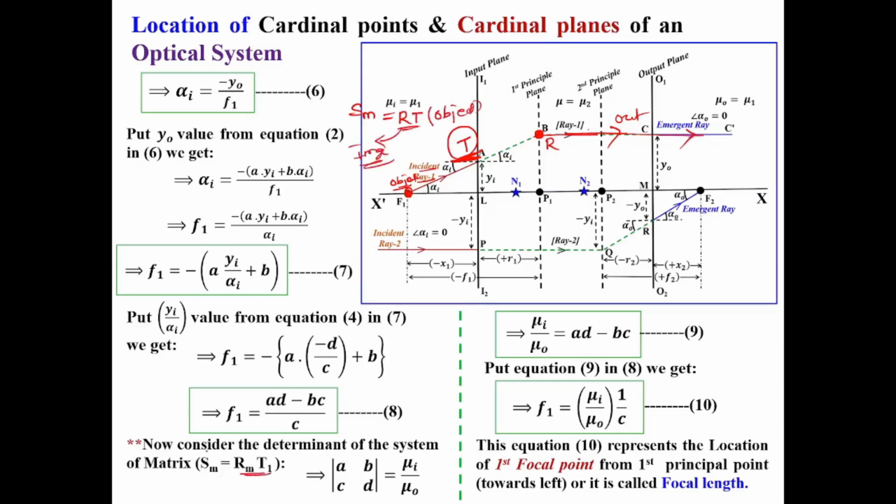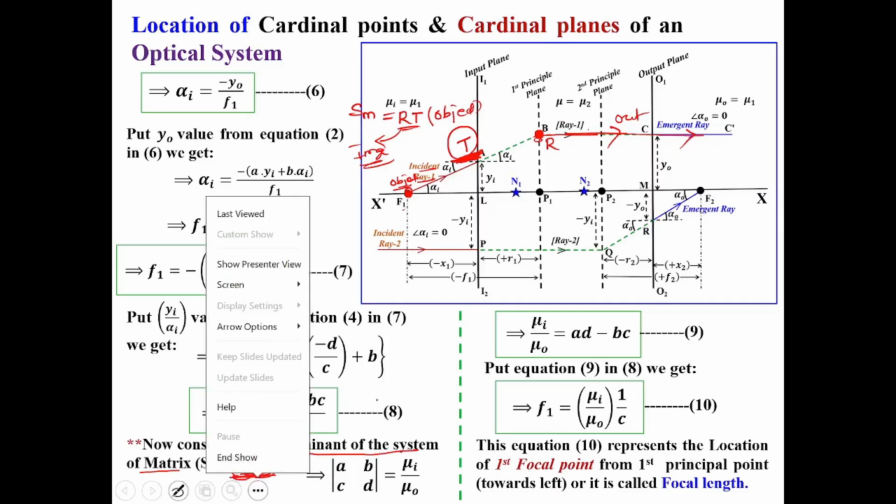Okay, consider the determinant of the system of matrix of this dynamics. Here the incident ray is translated from F1 to B, one translation, and at B another one refraction. So what will the system of matrix be? It will be R, which is a refraction matrix 2 cross 2, and the translation matrix again 2 cross 2, multiplied.